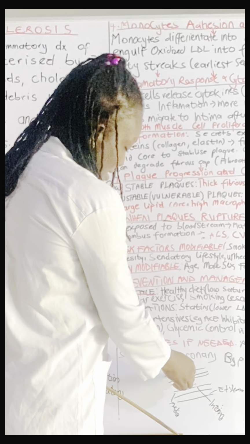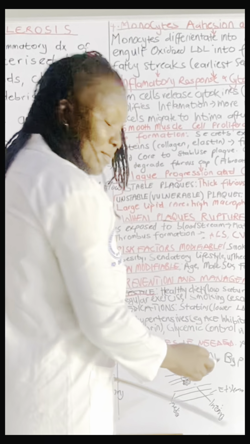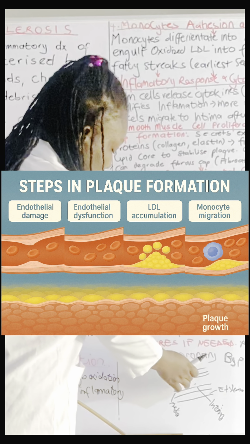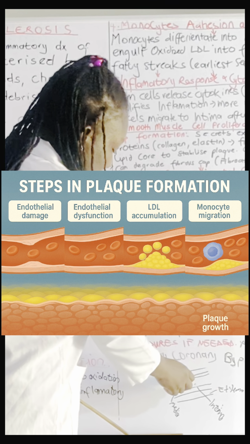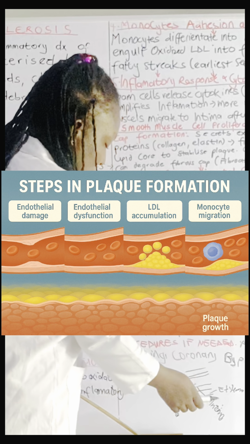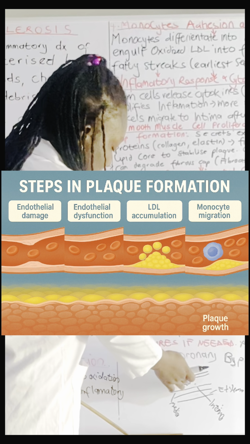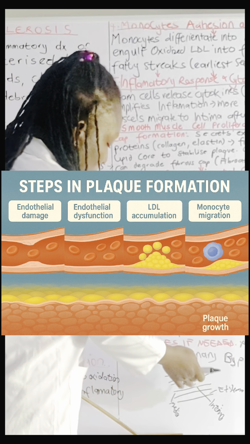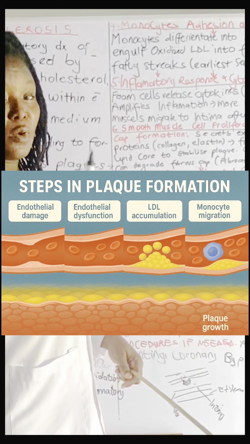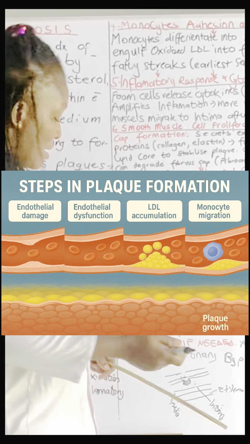Let's just start. We had a healthy arterial wall, then it got damaged. The intima gets damaged, then it's attracting LDL. Before that, it has led to a lot of inflammatory responses.